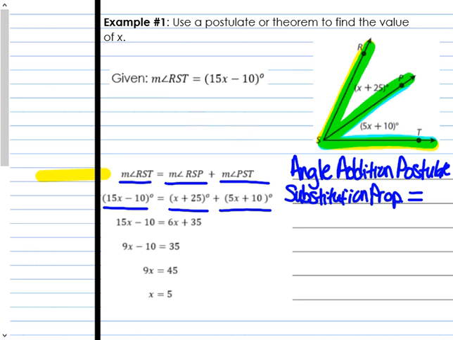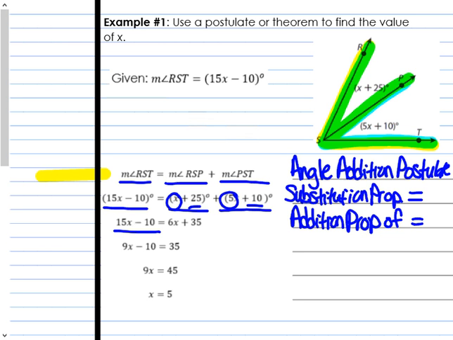So then what happens on the next step? Well, the next step, 15x minus 10 stayed the same, but x plus 5x became 6x, and 25 plus 10 became 35. What kind of math did they do? Well, they added x plus 5x and 25 plus 10. So that was the addition property of equality.